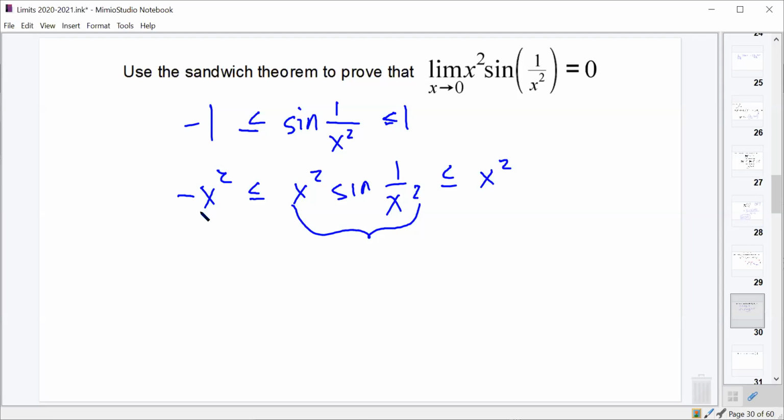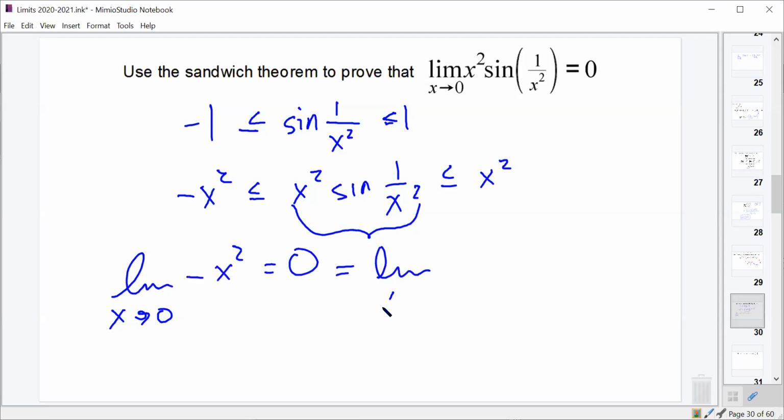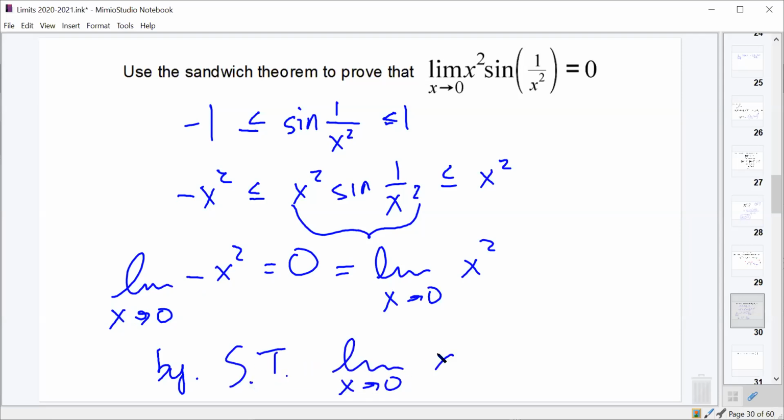And so now all we have to do is find the limit of negative x squared and the limit of x squared as we approach 0 and show that they're the same, which they both are. If you plug in 0 to negative x squared, you get 0. And if you plug in 0 to positive x squared, you get 0. And so by the sandwich theorem, the limit as x approaches 0 of x squared sine 1 over x squared is also 0.